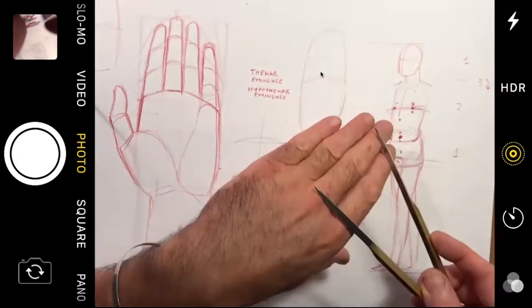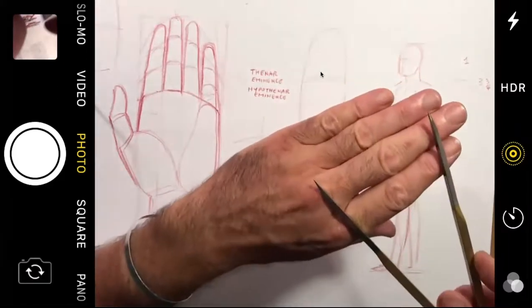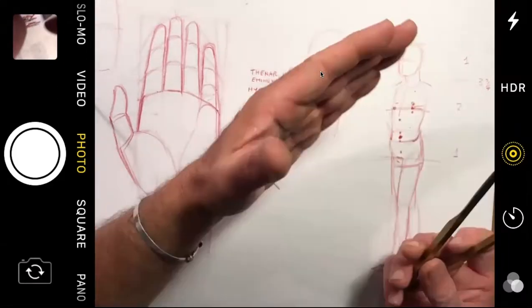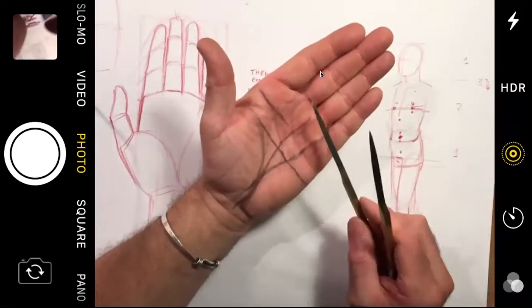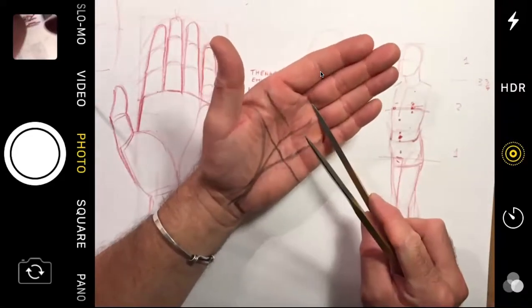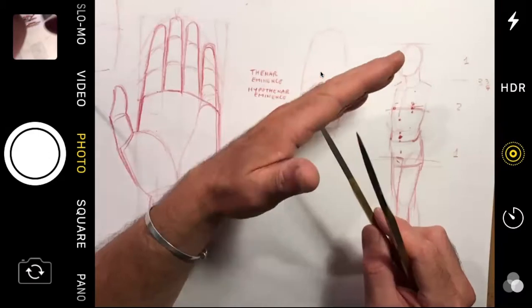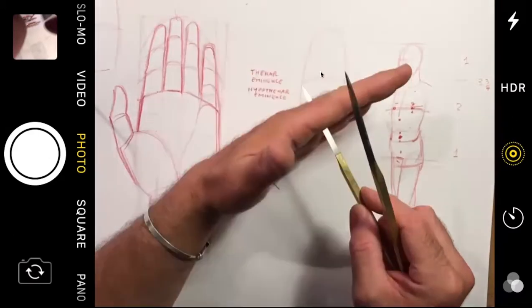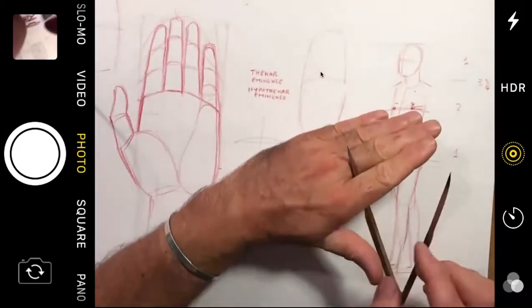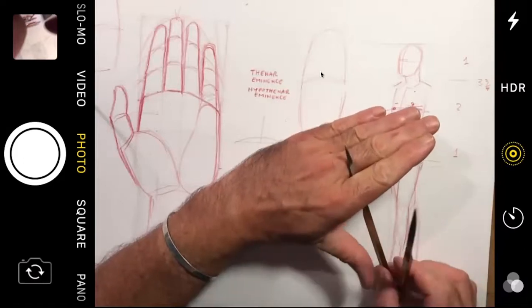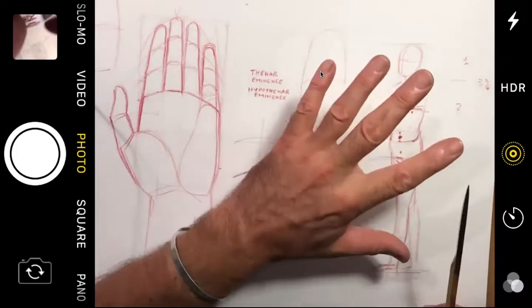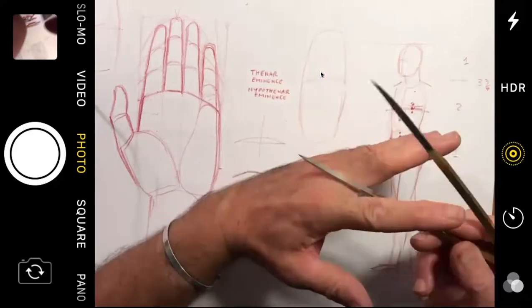How is that possible? When I measure the finger from the palm, I measure from here. But see where the knuckle is? The knuckle is here, and this is coming down at an angle.